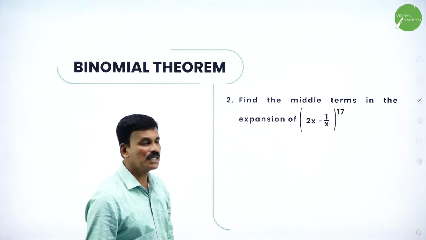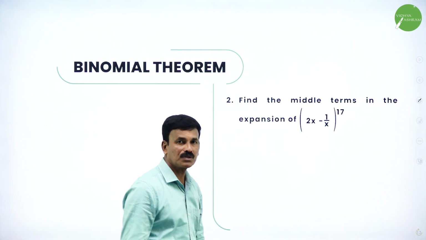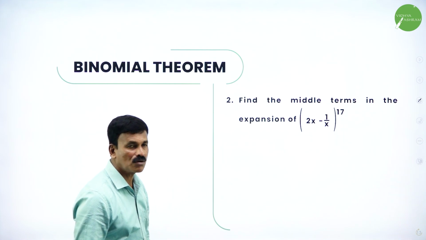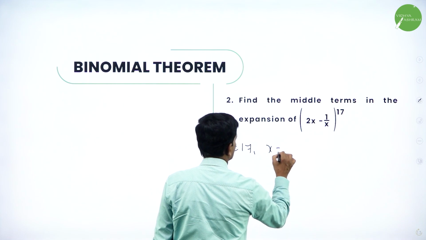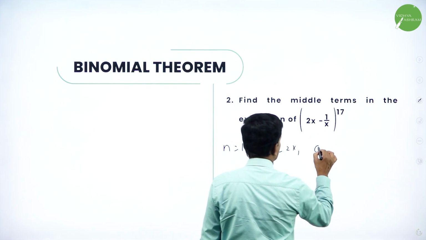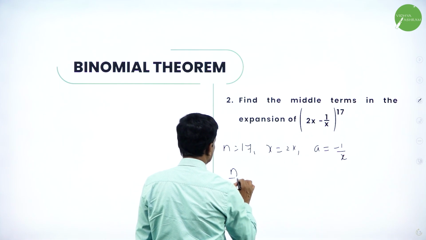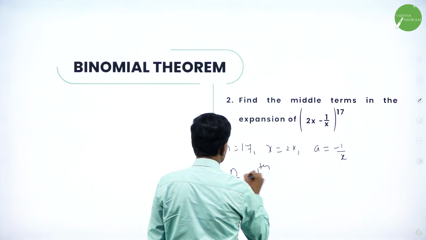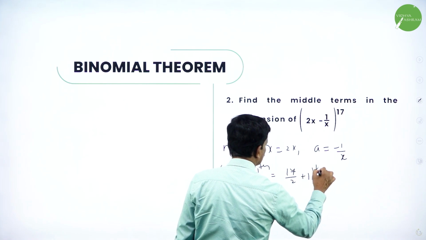Find the middle term in the expansion of (2x − 1/x)^17. Again 17 is an odd number. Here n is equal to 17, x is equal to 2x and a is equal to −1/x. What is the middle term? We will get (n+1)/2 th term.